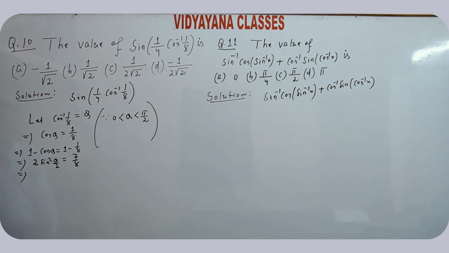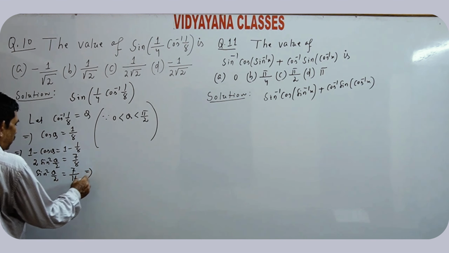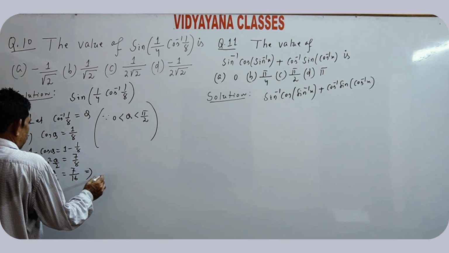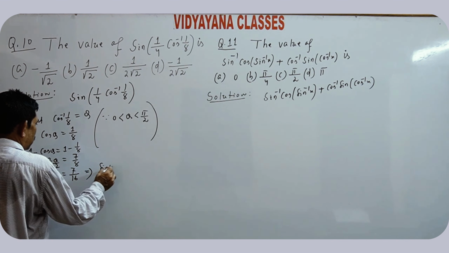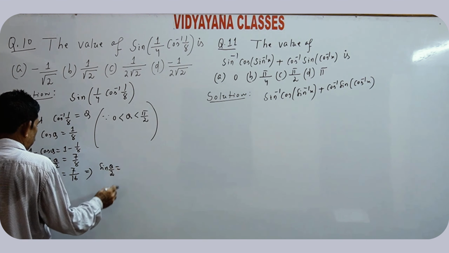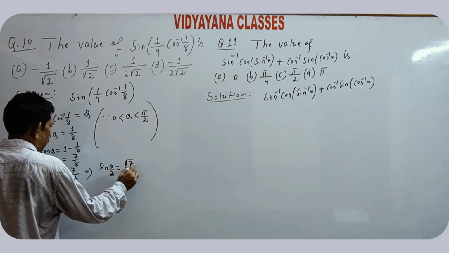So sin square theta by 2 is equal to 7 by 16, which implies sin theta by 2 is equal to root 7 divided by 4.